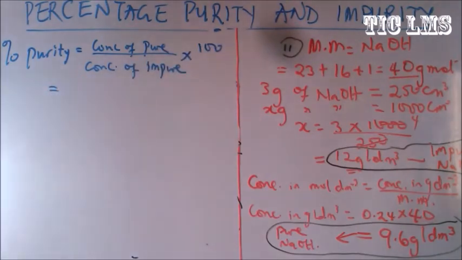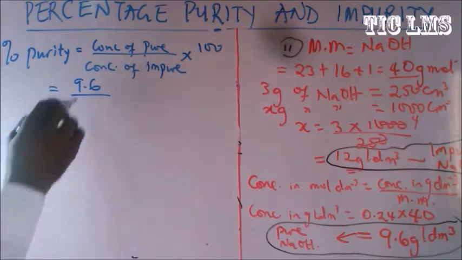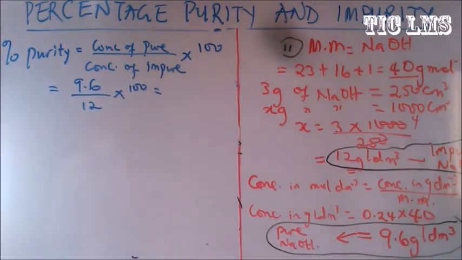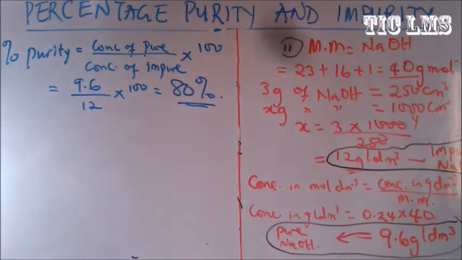Now concentration of pure is 9.6 and the concentration of the impure is 12 multiplied by 100, and when we multiply this it gives 80%. So this is the second part of the question, telling us the percentage purity.